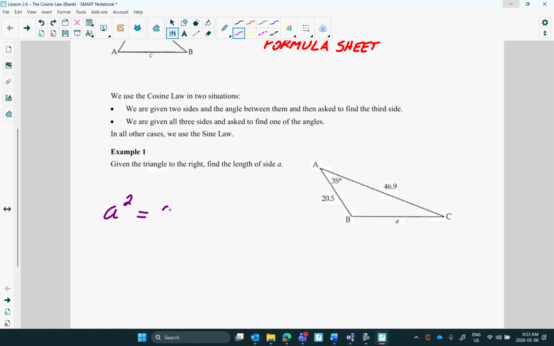So the other two sides are 20.5 squared, add 46.9 squared. Minus 2 times those other two sides multiplied by each other, also multiplied by the cosine of the angle opposite of the side we're trying to find.